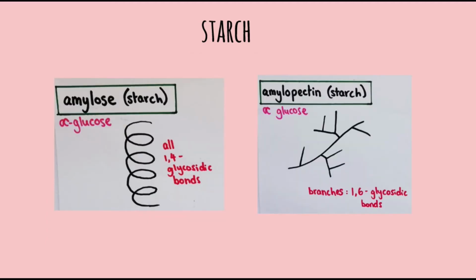Amylopectin is a long, branched chain of alpha glucose. The branches increase the number of endpoints on the molecule for enzymes to break the glycosidic bonds more easily. This means that the glucose can be released much more quickly for respiration, for example.